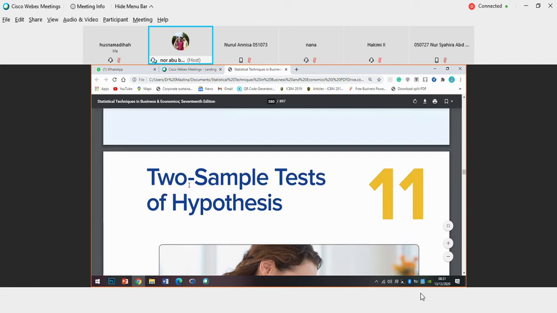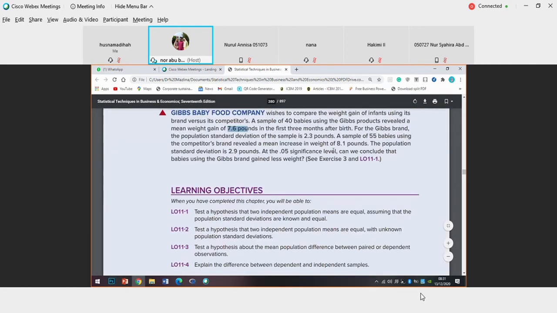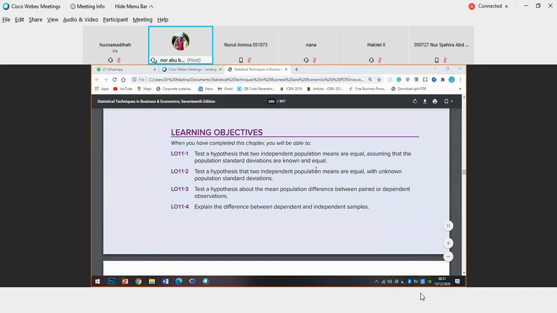So before this kita ada one sample, but now we have two samples. Alright? So the objective of our learning for chapter 11 is we want to test a hypothesis involving two independent population, okay, and ada beberapa problem lah. Sometimes we have population standard deviation known and equal, but sometimes with unknown population standard deviation.